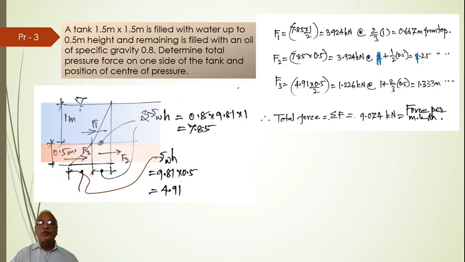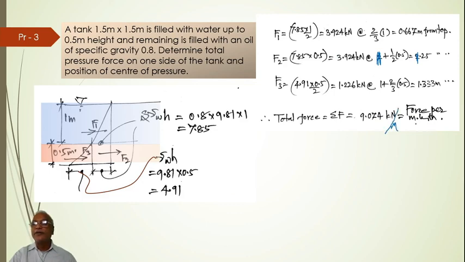So total force per meter length of the wall will be 9.074. It is the summation of all this, right? Okay, 9.074 kilonewton. Obviously, this is per meter length of the wall.